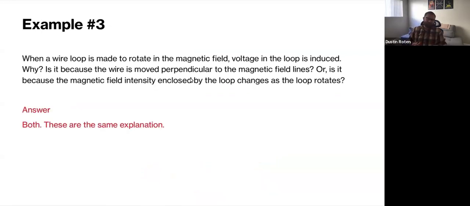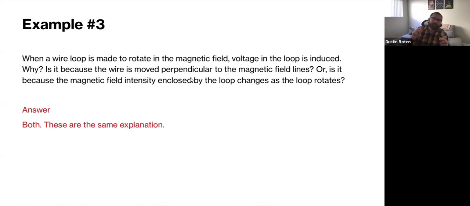All right, we'll take a look at not really an example problem, but more of just a statement. When a wire loop is made to rotate in the magnetic field, voltage in the loop is induced, right? We've been talking about that. So why? Is it because the wire is moved perpendicular to the magnetic field lines?